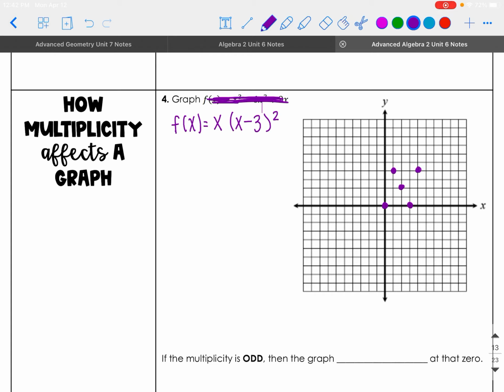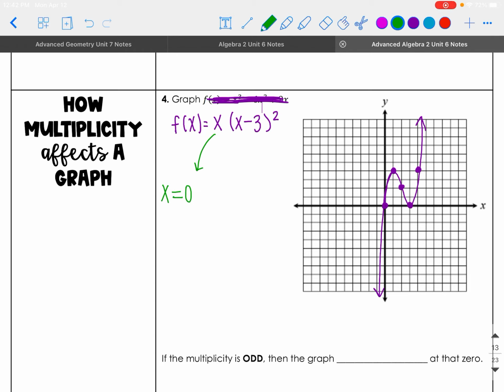And you're like, oh, that makes an X. Well, look at your graph and you can see what it makes. It looks like that. And so we can see where our x-intercepts are.